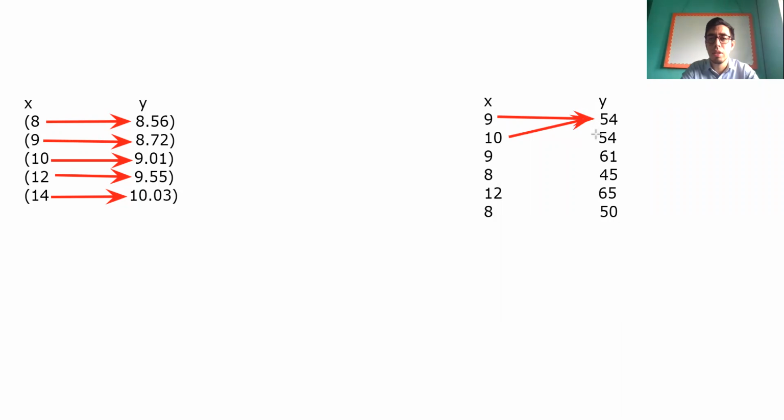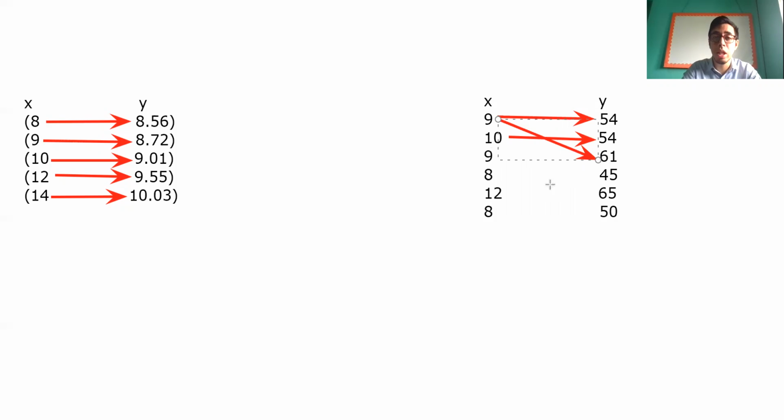And if I have the 9, it is related with this one, but it's the same number 9, the same value for x. I'm relating the same number 9 with 2 different values, with 61 and with 54.